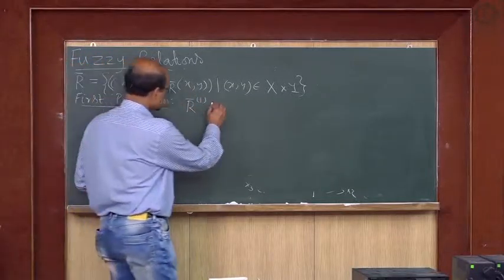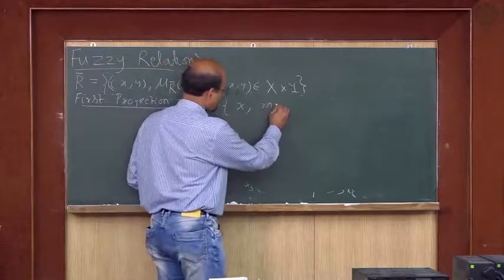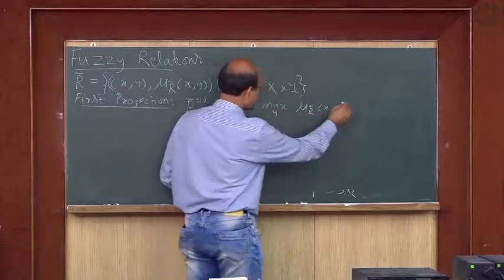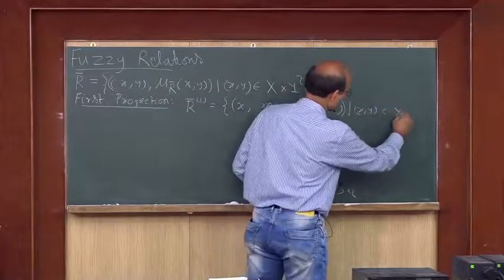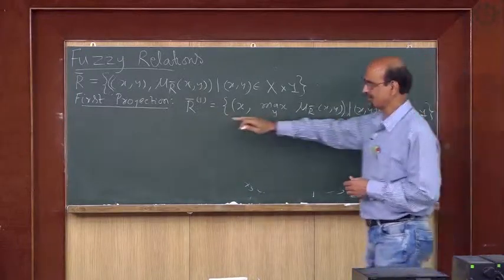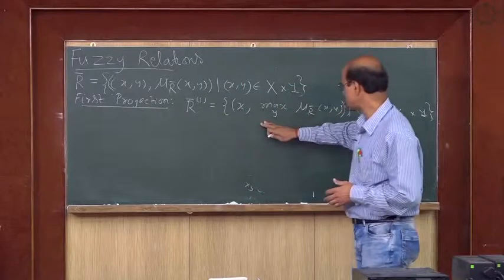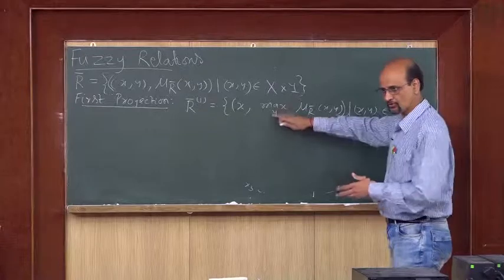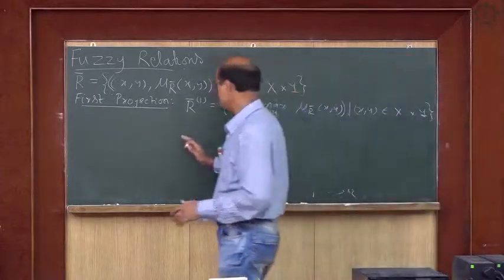We define this as x comma maximum of mu R bar x y over y, such that x y belongs to X cross Y. We will take an example, then we will see what this is. It will be more clear with the example. First projection is defined as x comma maximum of mu R bar x y on all y, where x y belongs to X cross Y.